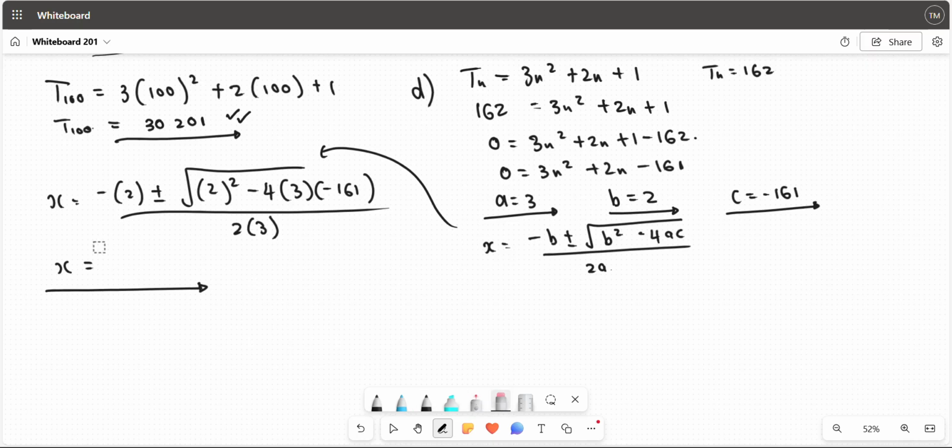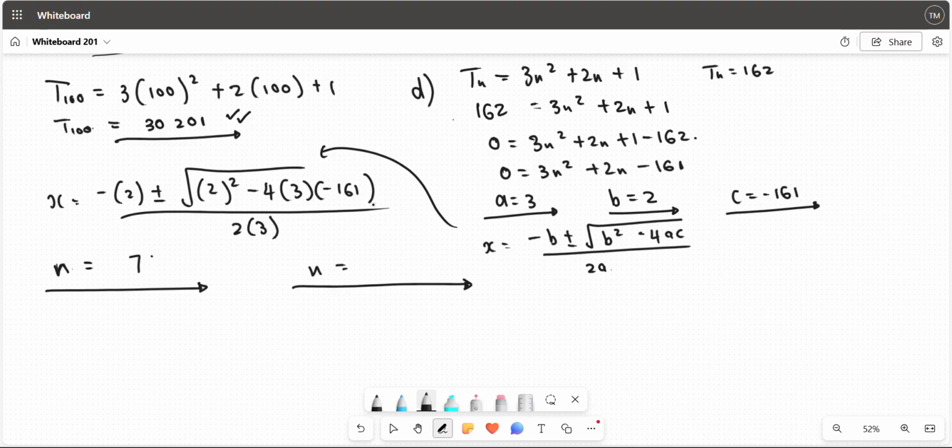But remember, we are solving for n's. I need to remember to write this as an n. So let's plug it in and see what we get. All right, I get two n values. The first one is 7.